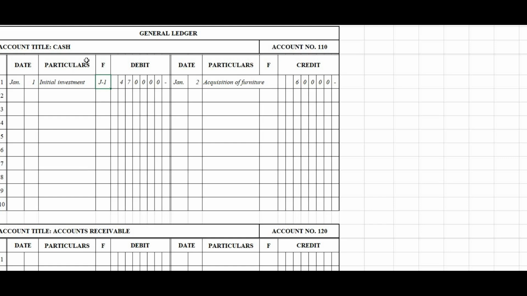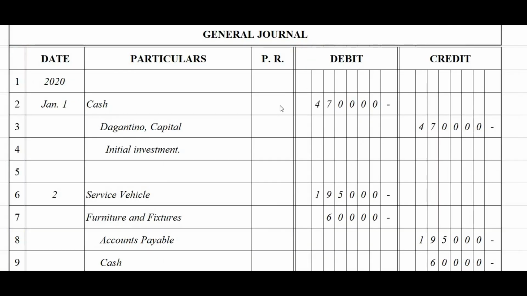So, since we posted it to the cash account and the account number is 110, you can write in your posting reference in the general journal this 110. So meaning you have posted the general journal to the 110 account in your general ledger, which is referring to cash. So going back to our general journal, here now we have to write a posting reference.